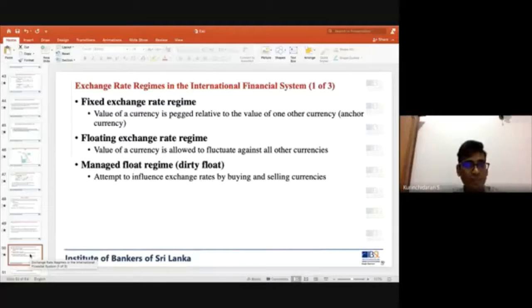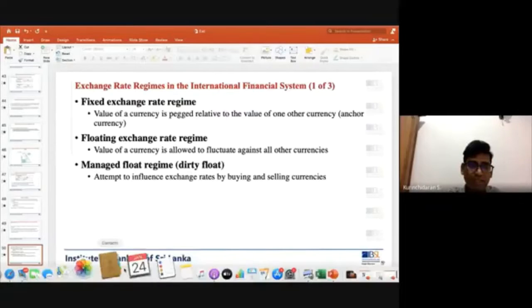Some countries can follow a fixed exchange rate regime, some a floating exchange rate regime, and some may be managed float, which is called dirty float as well. Now what do you mean by fixed exchange rate? The value of the currency is pegged relative to the value of one other currency, an anchor currency. You just stick to one currency.